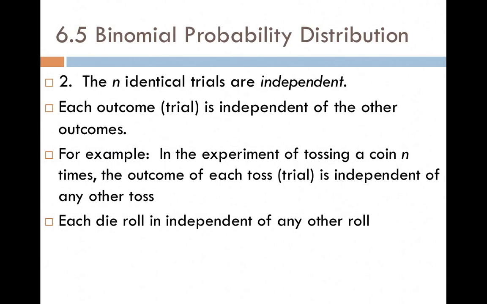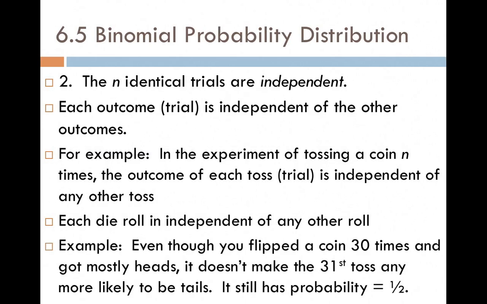Okay, so each roll of the die is independent of any other roll of the die if we're talking about rolling a die. And here's an example. Even though you flip the coin 30 times and you get mostly heads, it doesn't make the 31st toss any more likely to be tails. It still has a probability of 1/2. Okay, so oftentimes this is counterintuitive.